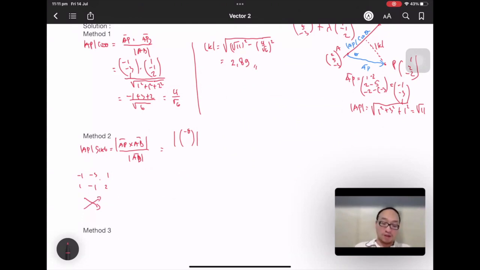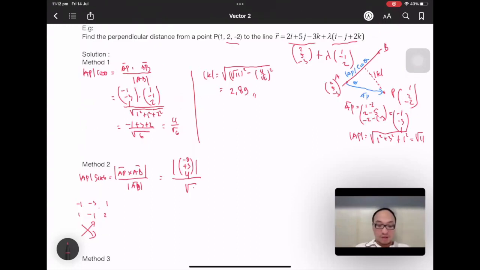But don't forget to put negative, so it's +3. And then the last one, close the last column. So it's -1 times -1 is 1 minus -3 plus 3. So 1 plus 3, 4, over square root of AB. Square root of AB again is square root of 6.